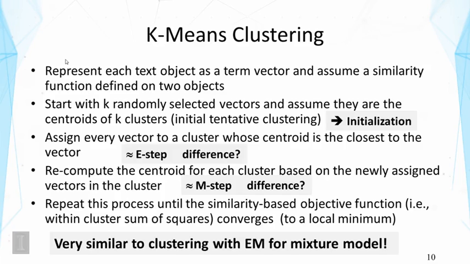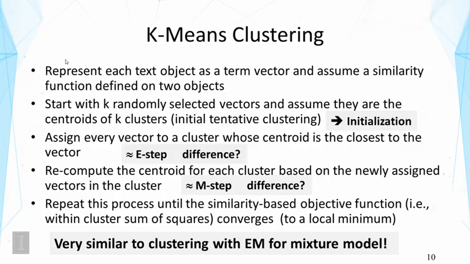So what's the difference? Well, the difference is here we don't make a probabilistic allocation as in the case of the E step, but rather we make a choice. We're going to make a call. If this data point is closest to cluster 2, then we're going to say you are in cluster 2. There's no hedging, and we're not going to say you are 70% belonging to cluster 2.